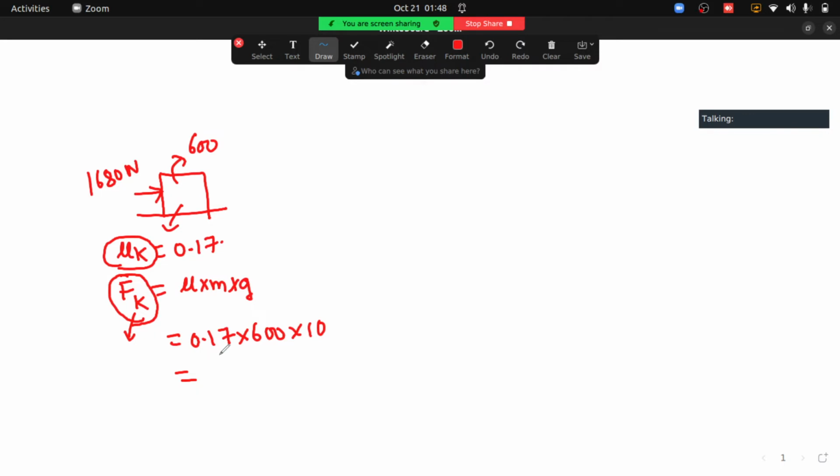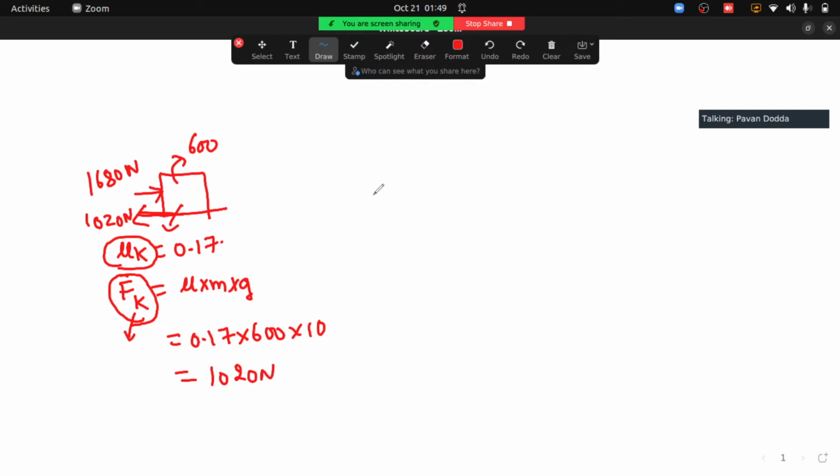Okay, so in this case the frictional force acting on the block is 1020 newton towards left. Is it clear? Yes, sir.